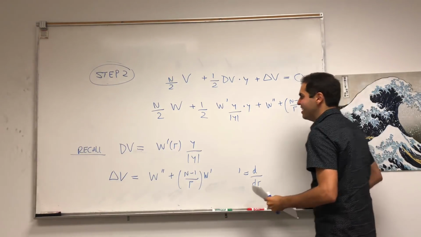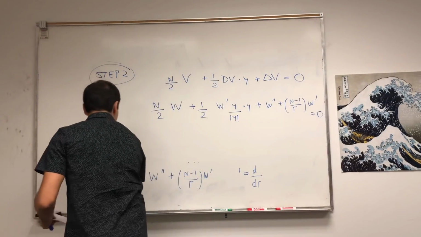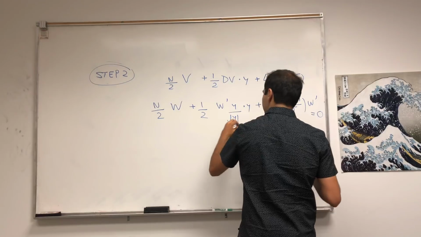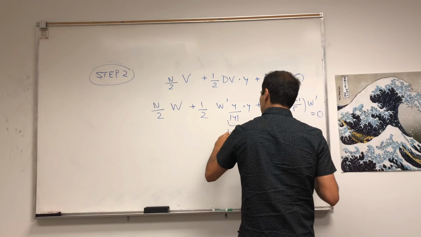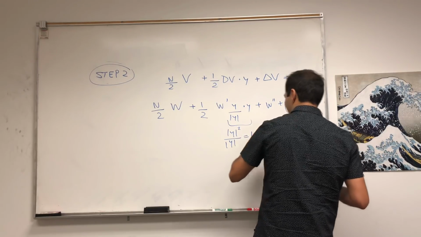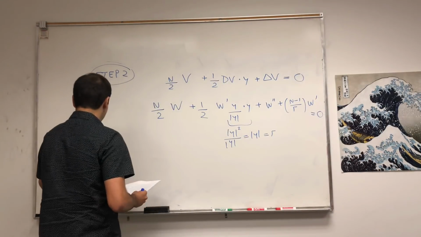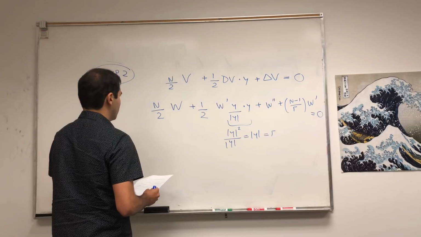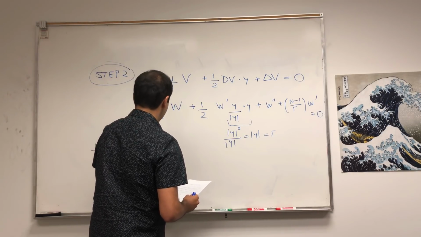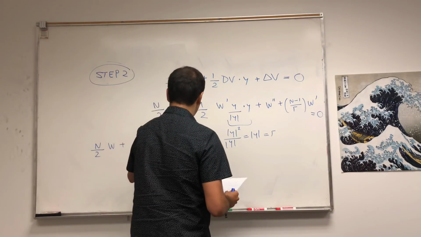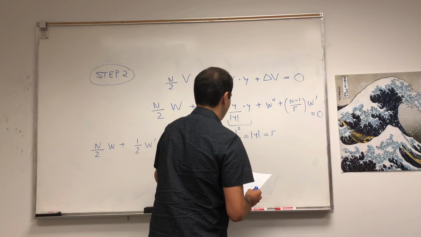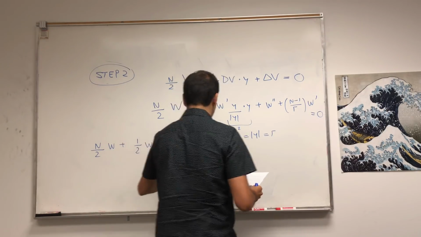And it turns out we can eliminate this y, because y dot y is just length of y squared. You're dividing this by the length of y, so you're left with length of y, which is r. And so in the end, you have n over 2 w plus 1/2 w prime r plus w double prime plus n minus 1 over r w prime.